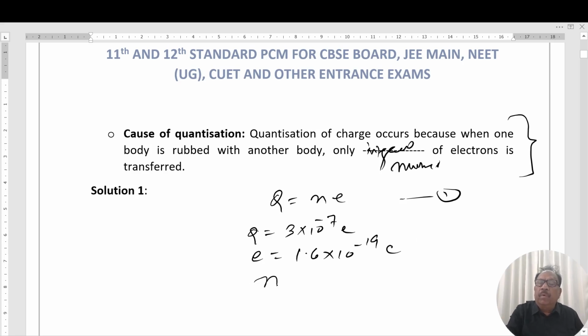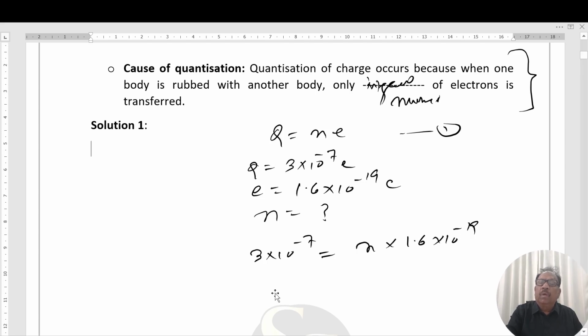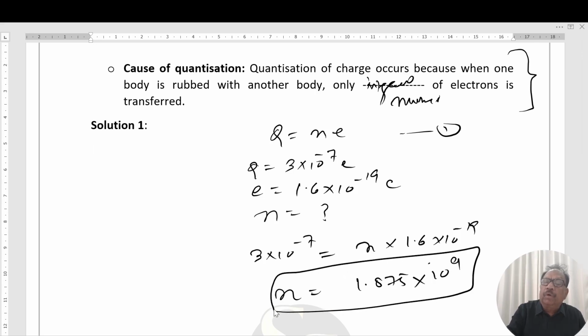We have to find the number of transferred electrons. On substituting, 3 × 10⁻⁷ equals N into 1.6 × 10⁻¹⁹. On simplification, N comes out to 1.875 × 10¹². Right? Number of electrons transferred.